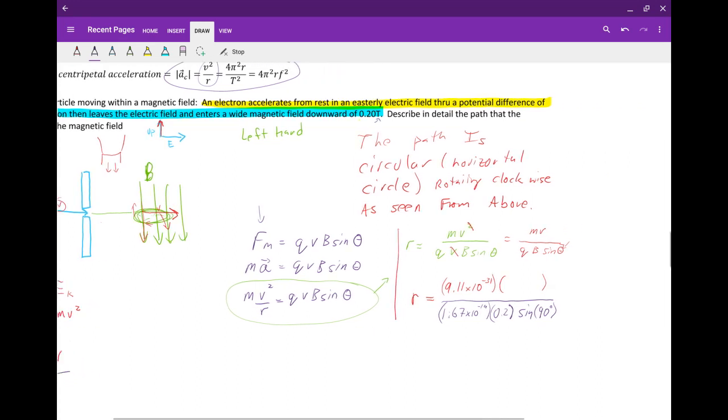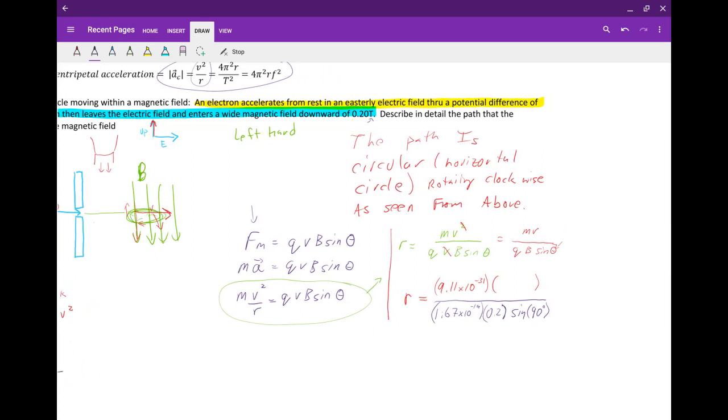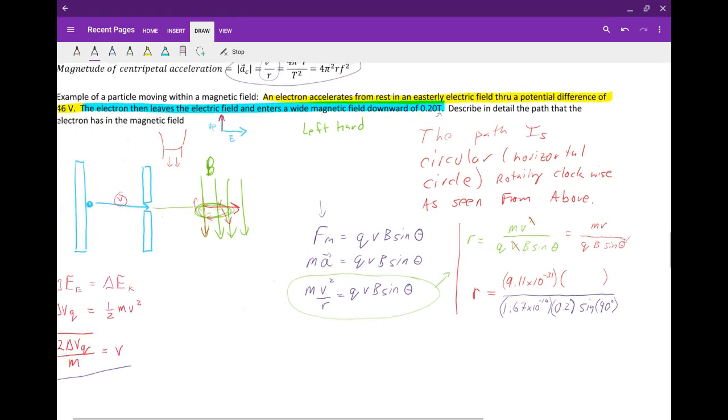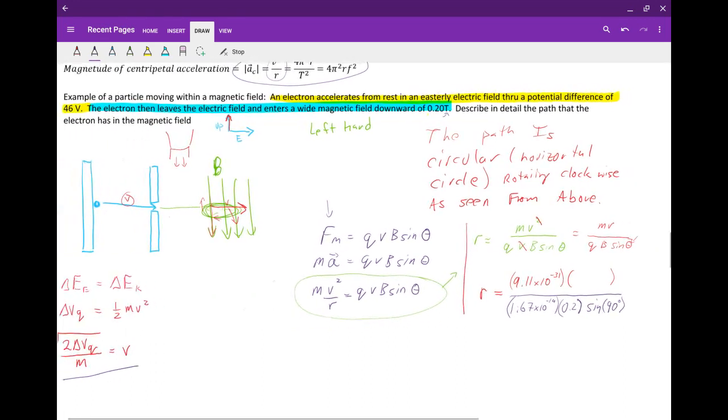So why did I figure out the radius? Because I wanted to answer the question: describe in detail the path that the electron has in the magnetic field.